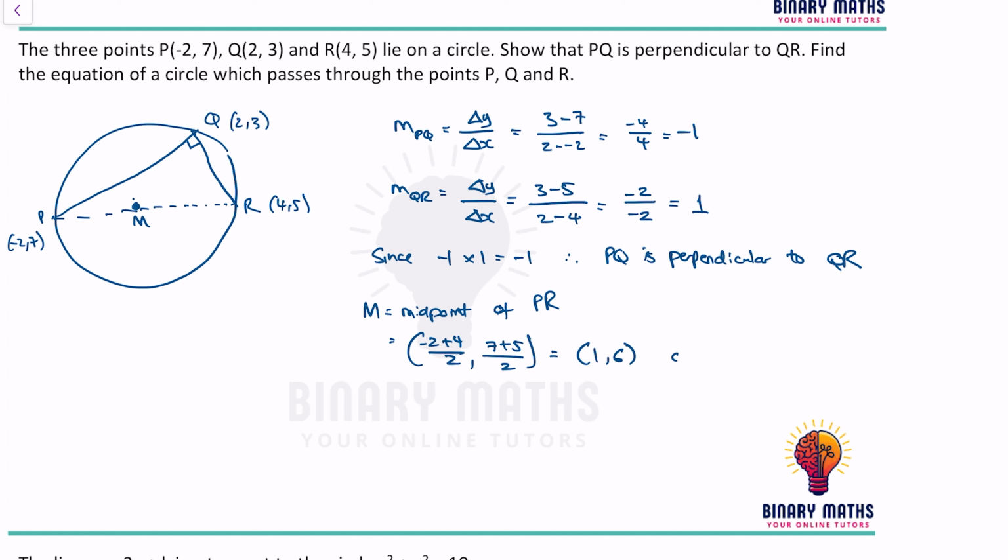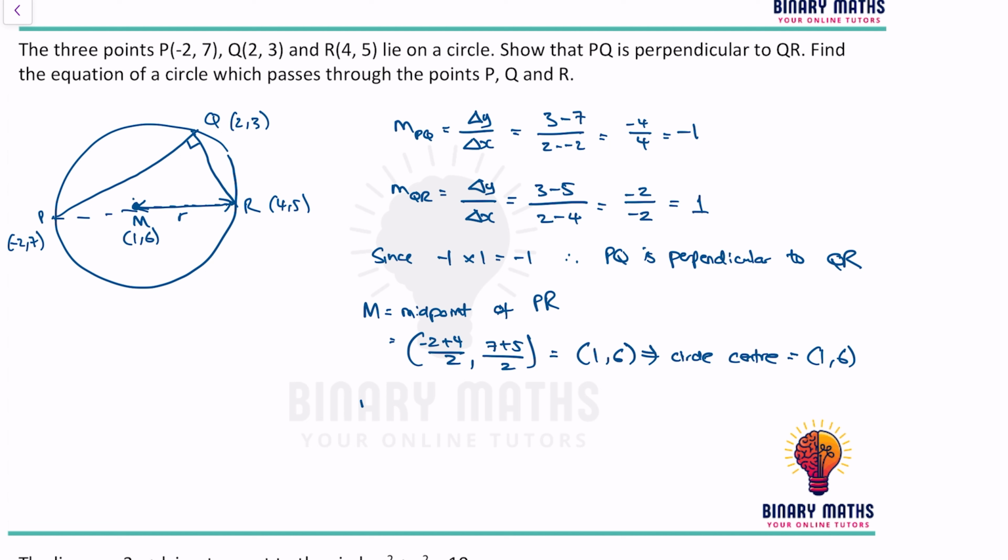So that means the circle center is equal to (1, 6). Okay, now I need to find the radius. So I know this is now (1, 6). So in order to find the radius, I just need to find the distance between M and R here.